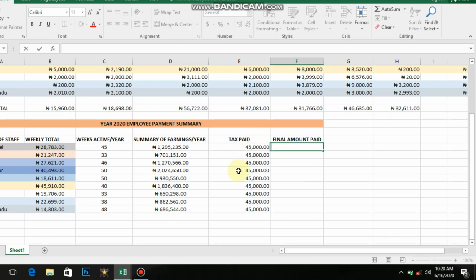If you are earning, you must pay tax. This is not the total money they receive a year, but the money allocated for them. Each person in this company pays equal tax, no matter how much they are paid, which is 45,000.